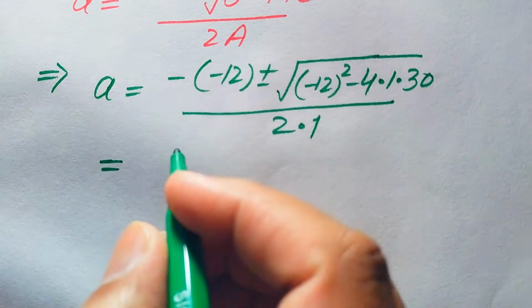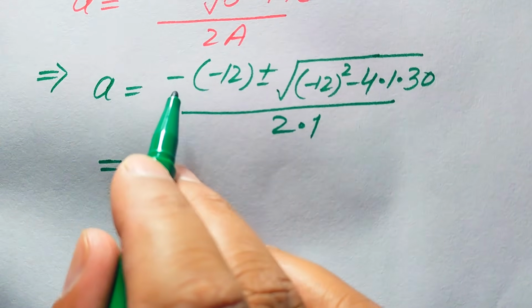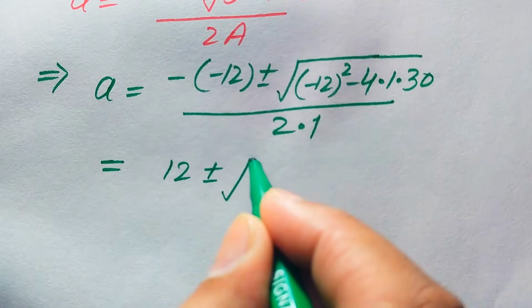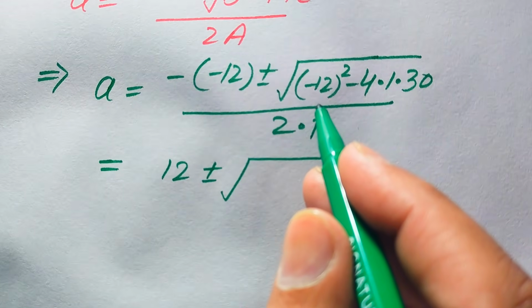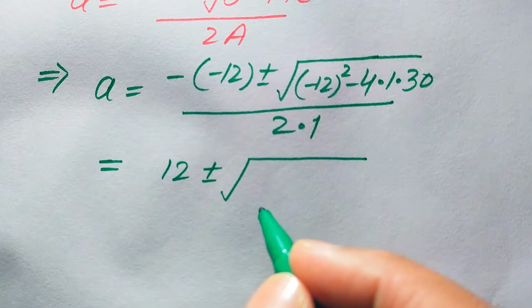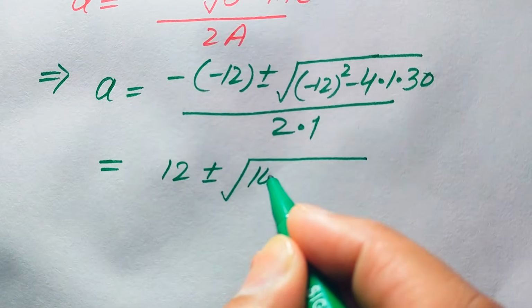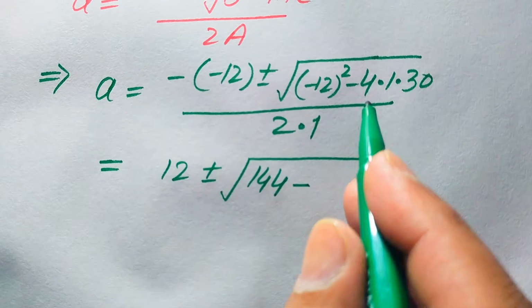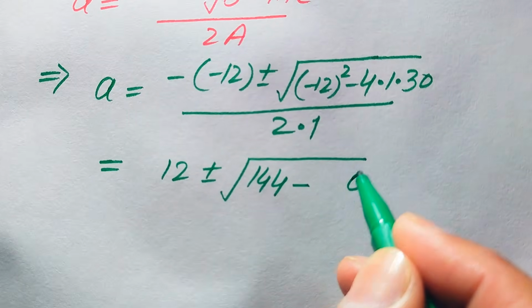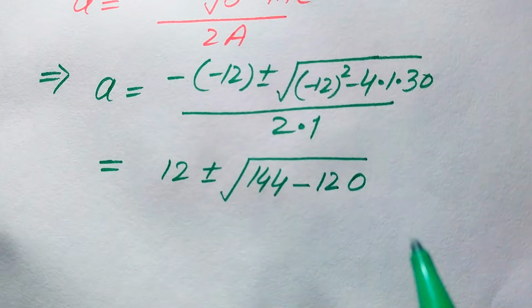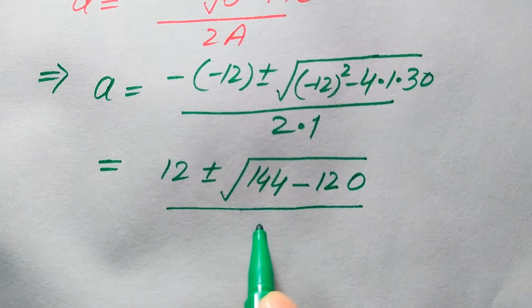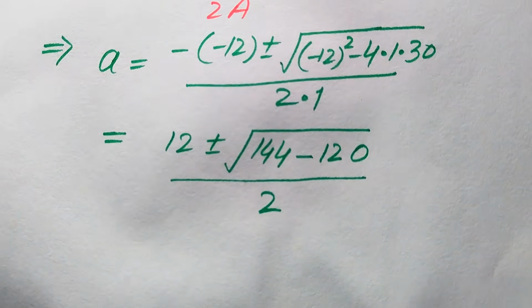So here we need a little bit more simplification, and it will be written as minus times minus becomes plus 12, plus minus square root of minus 12 square, and minus 12 square becomes 144, minus 4 times 30, and we get 4 zeros are 0 and 4 threes are 12, so we obtain 120, and it is divided by 2 times 1 is equal to 2.